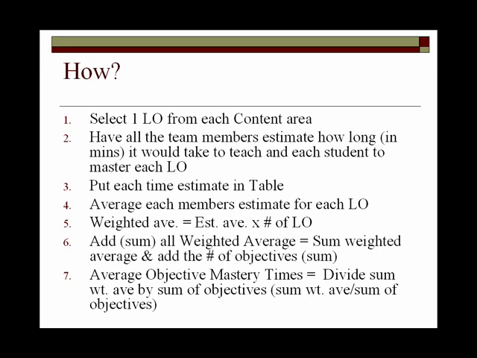What we need to do is divide this sum weighted average, 42,744, by our total number of objectives, which is 114, and we get 375 minutes or 6.25 hours. That means we have 6.25 hours per objective to meet all of our objectives. So you're going to do that in your activity.